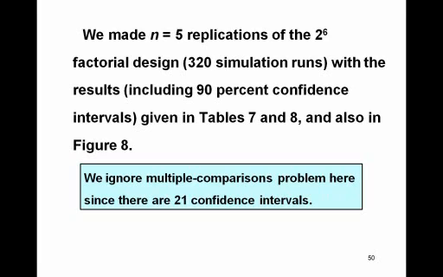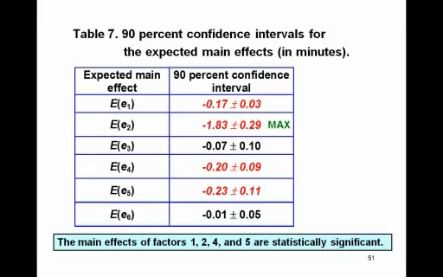So here we're just going to sweep this multiple comparisons problem under the carpet and make them all 90%, knowing that some of them may in fact not contain the true mean. We're going to look at the results in 2 tables, 7 and 8, and also a nifty figure that explains things more clearly and visually.